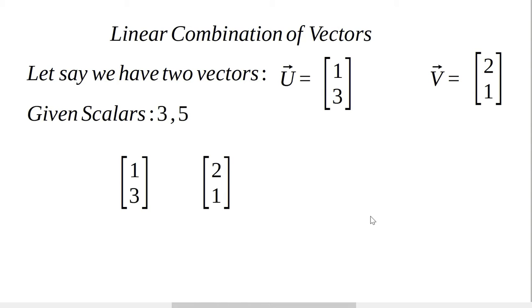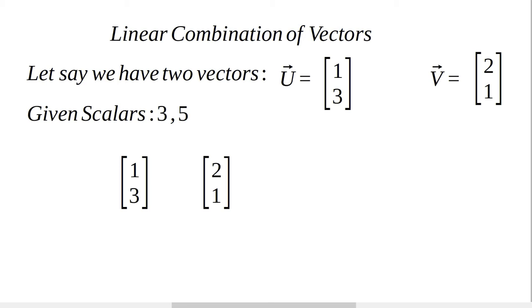What is the linear combination of vectors? Let's say we have been given the two vectors u, which is (1, 3), and v, which is (2, 1), and we have been given scalars 3 and 5.